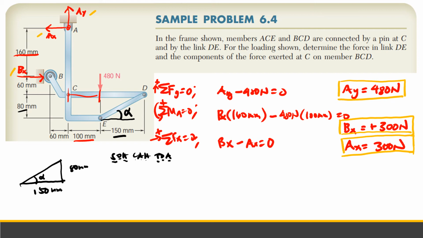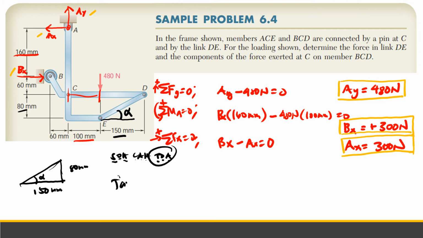Okay, so in this case, meron tayong given na opposite side with respect to alpha and yung adjacent side. So with respect to alpha, 80 is the opposite side and 150 is the adjacent side, and of course yung hypotenuse is yung longest side natin. So meaning gagamit tayo ng TOA.